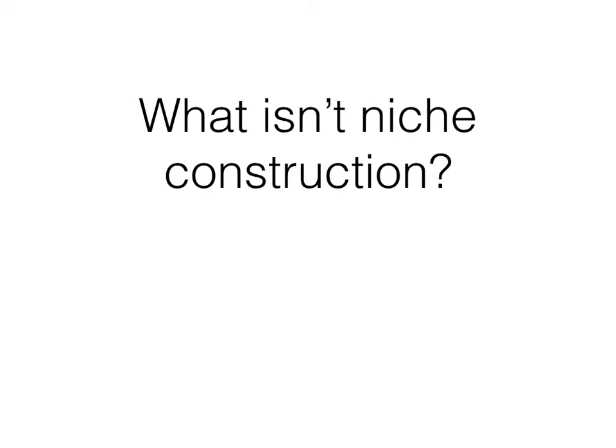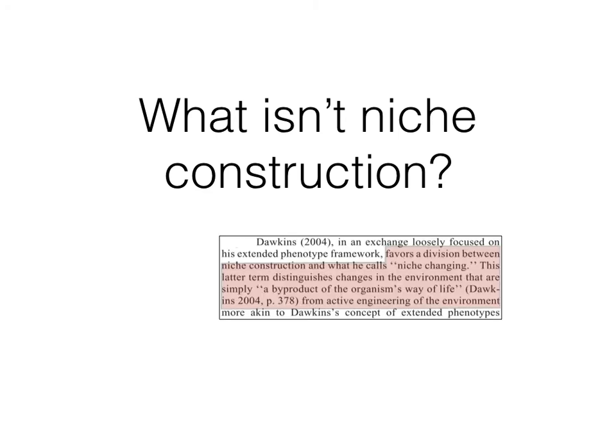So the question can be rephrased as: isn't niche construction defined so broadly as to render it a useless concept for evolutionary biologists? I think this question has its roots in two reviews of the niche construction book, the first by Dawkins in 2004 and the second by Brodie in 2005. And this is Brodie quoting Dawkins.